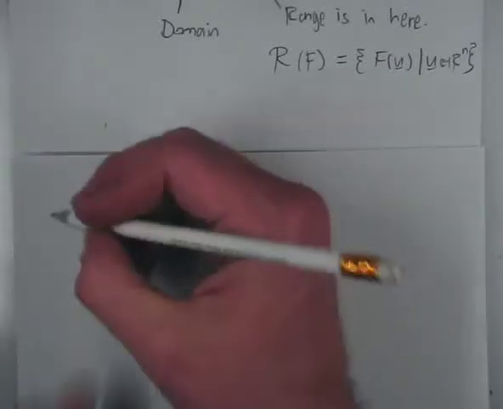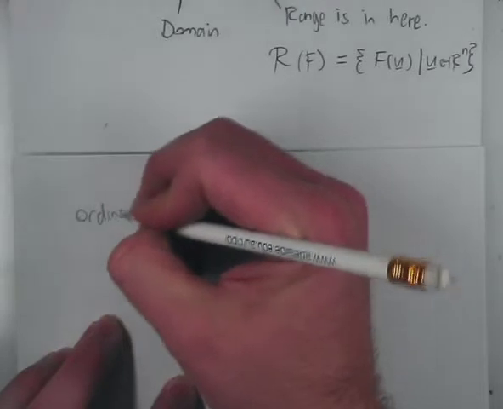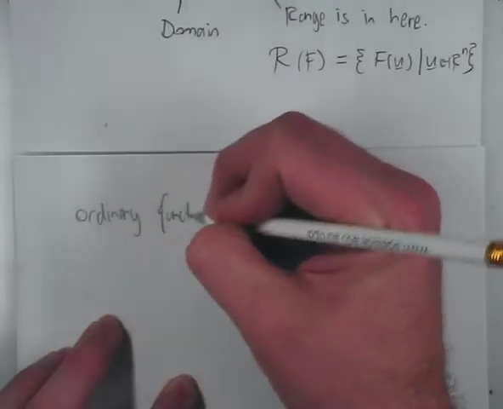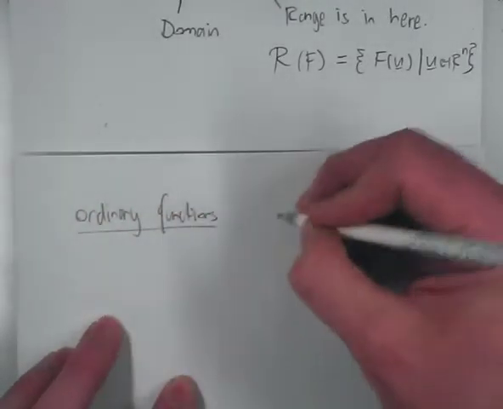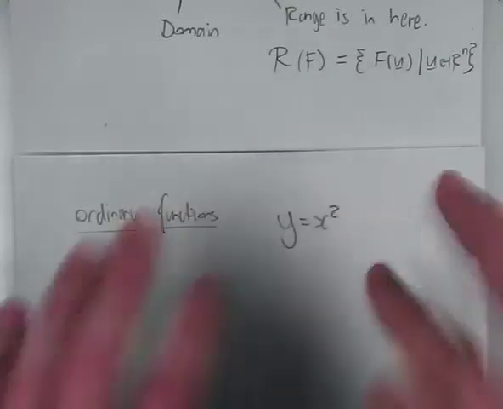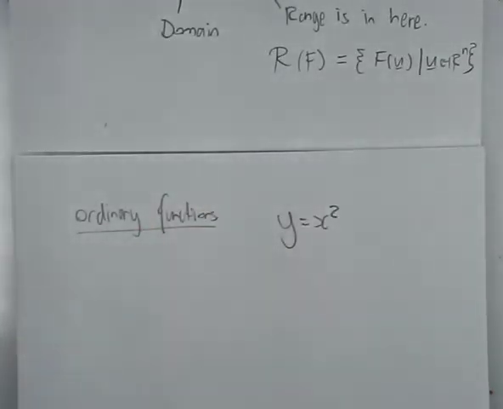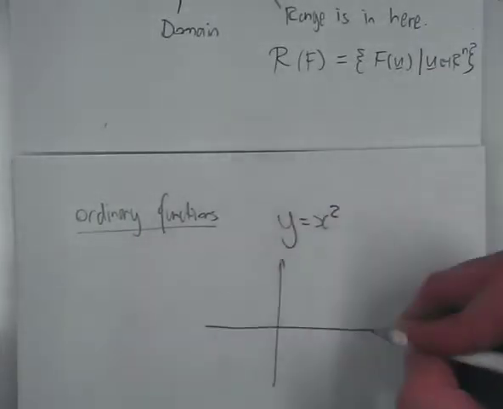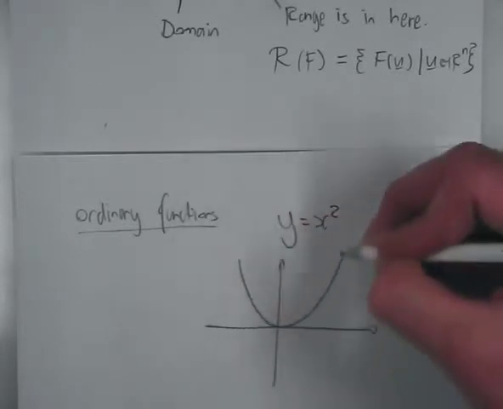So with ordinary functions, something like y equals x squared, which is not a linear transformation, you were used to thinking of them as something like this, right?